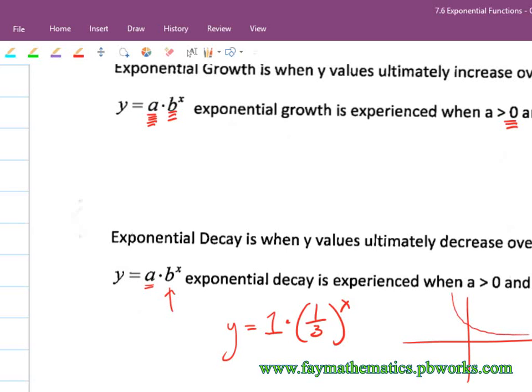In science, you might talk about things like radioactive materials. They decay over time just by sitting still. They kind of dissolve, their mass disappears. That's what we call radioactive decay. If you have invested in a stock that is not doing well and it's losing money, usually it will decay exponentially.